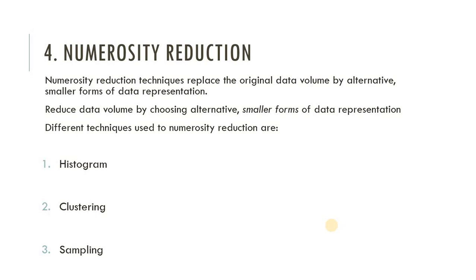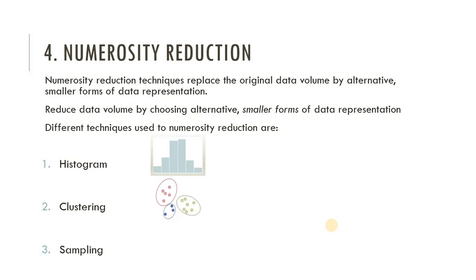Numerosity reduction has many different techniques. First is the histogram. We convert our raw data or numerical data into a histogram so that we can show our data as a histogram, and it is a smaller form of our data that is stored in the database. This is how we can show our data is reduced.